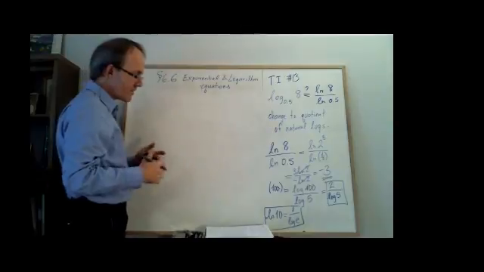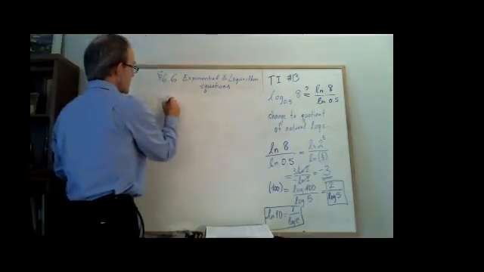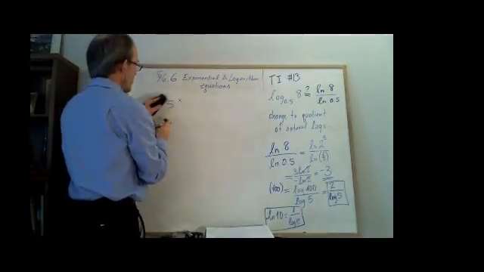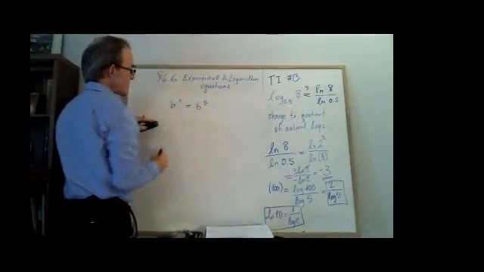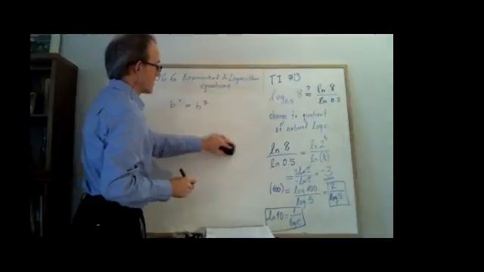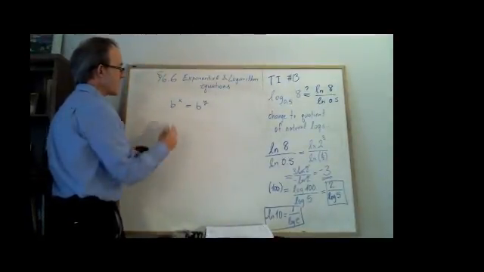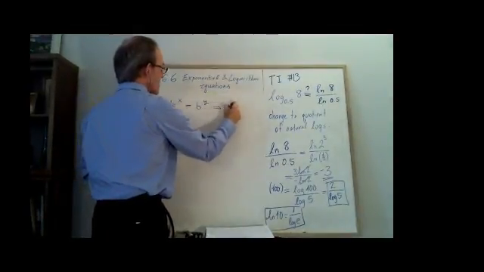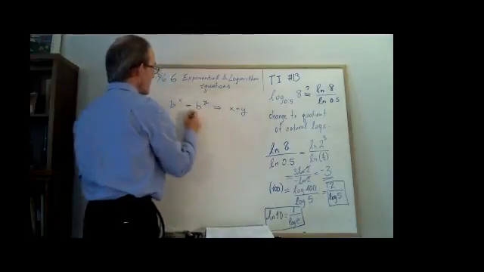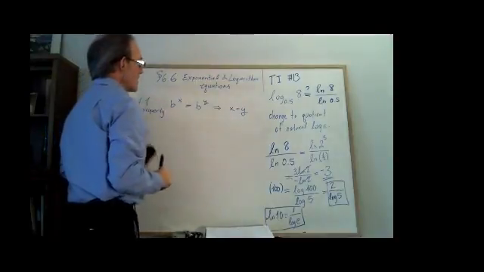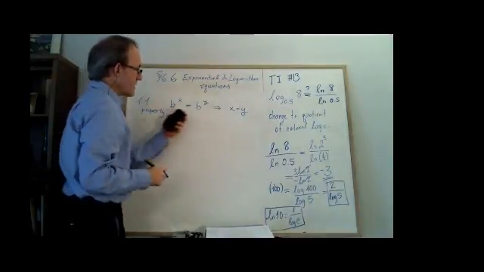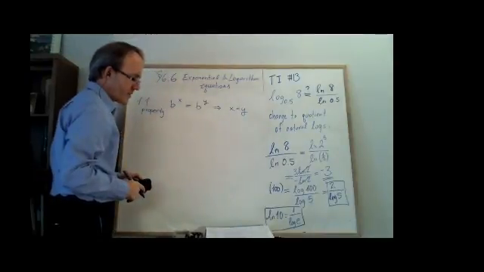If I can reduce the equation to something of this form, b to the power of x is equal to b to the power of y, where b is an acceptable base, greater than 0 and not equal to 1, then I can conclude from this that x equals y. That's my one-to-one property. And so it'll allow me to solve a wide variety of these equations.